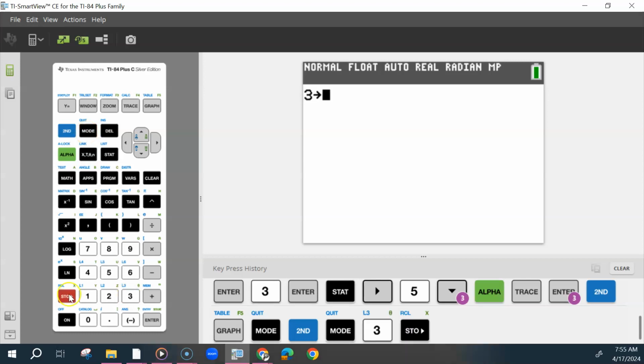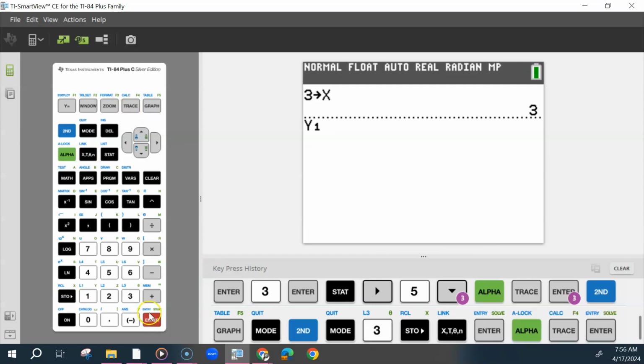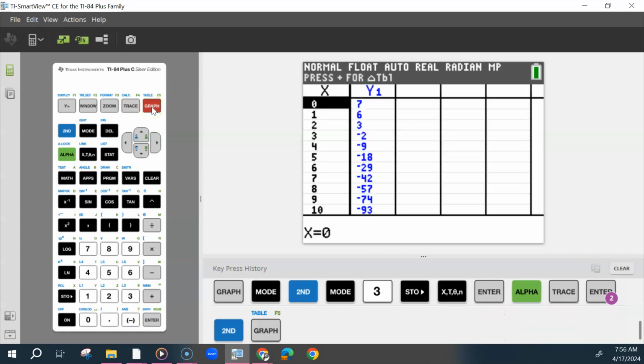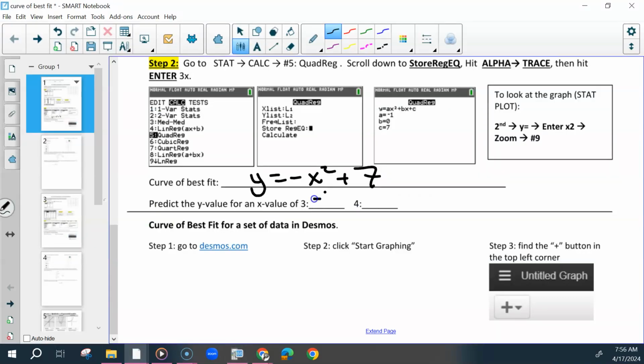So 3 store x, and then go back and grab your equation with alpha trace. The table is probably easier. So the value of 3 would be negative 2, and the value of 4 would be negative 9.